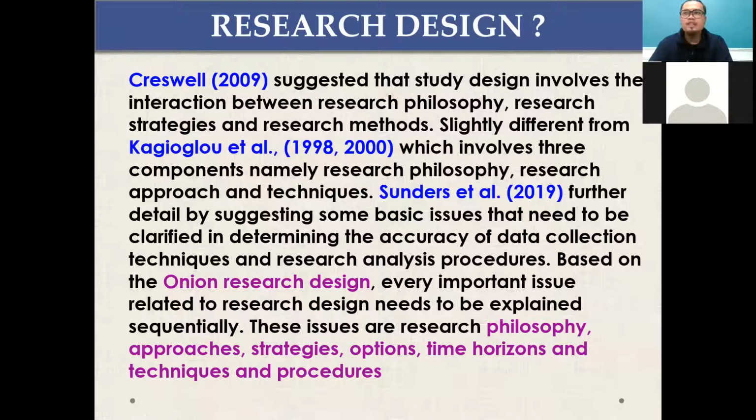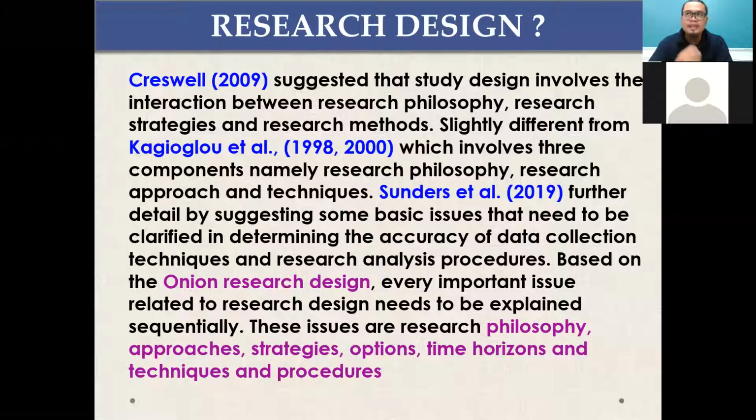If I only use quantitative, we call that mono quantitative. If I only use qualitative, we call that mono qualitative. Then we have mixed methods, or mixed method models. We also have multi methods: multi method quantitative, multi method qualitative, or multi method mixed. So there are a lot of research methods.